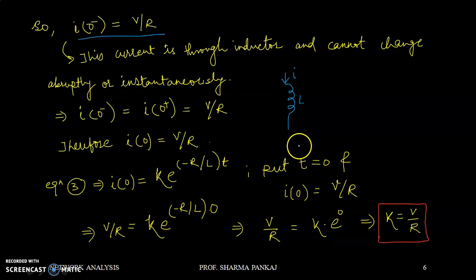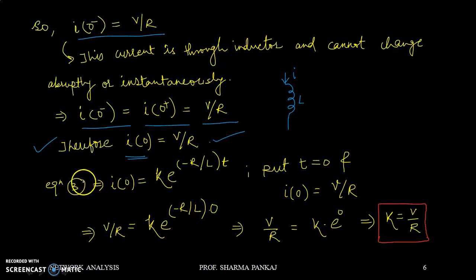This I0 minus equal to V by R is the current flowing through the inductor at t equal to 0 minus, and it cannot change instantaneously. So I0 minus must be equal to I0 plus, which is equal to V by R. Therefore, I0 will be equal to V by R.